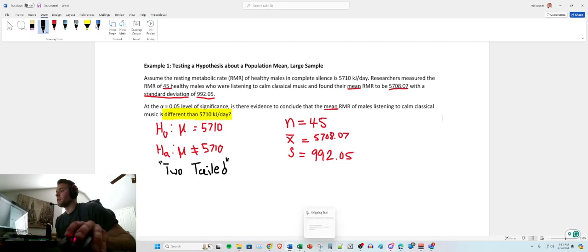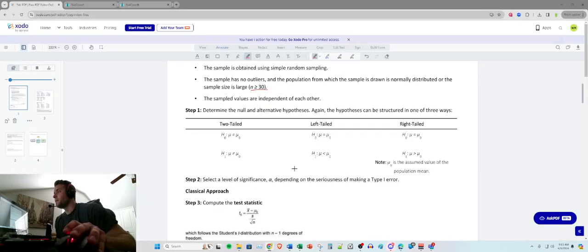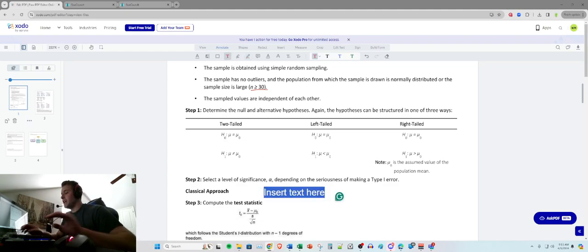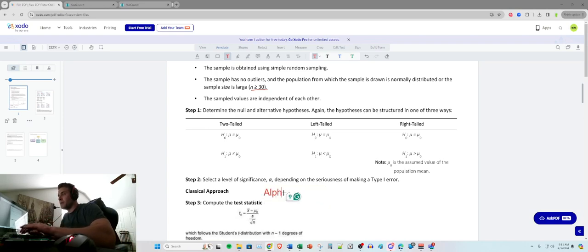We'd already worked through that a little bit on Tuesday. And then we select the level of significance alpha depending on the seriousness of making a type 1 error. We had talked about the types of errors, so that should be fresh on your mind from Tuesday. And alpha is the probability of committing a type 1 error. I think that was something I did not write about.